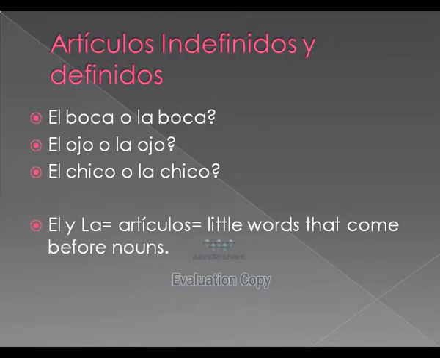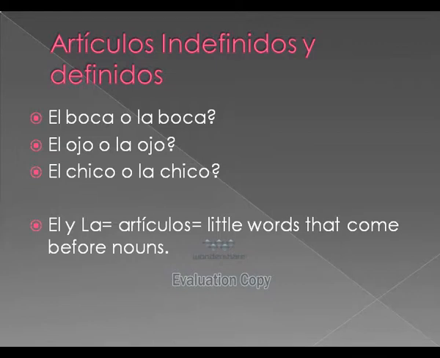To continue talking about grammar, we need to make sure that we talk about our artículos, our articles. So in Spanish, would we say el boca or la boca? El ojo or la ojo?